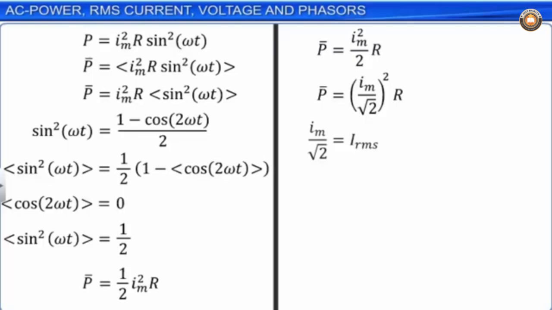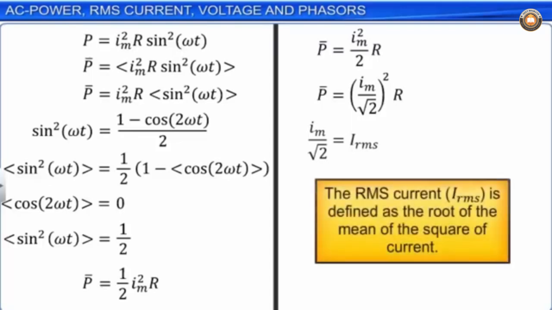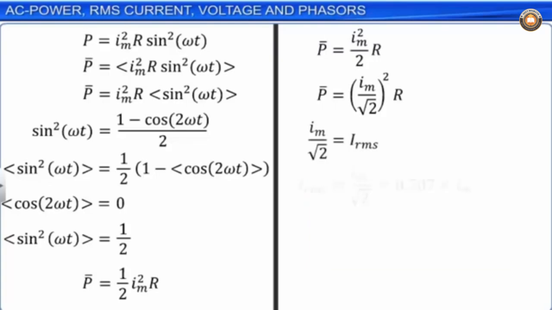In short, RMS current, denoted by IRMS or effective current, is defined as the root of the mean of the square of current. For a sinusoidal current, its value is 1 over √2 times or 0.707 times the amplitude of the AC current, Im. The average power dissipated by any form of AC current in a resistor is IRMS square R.